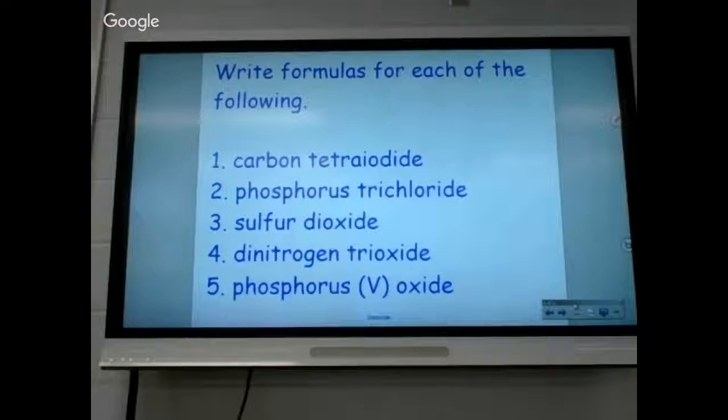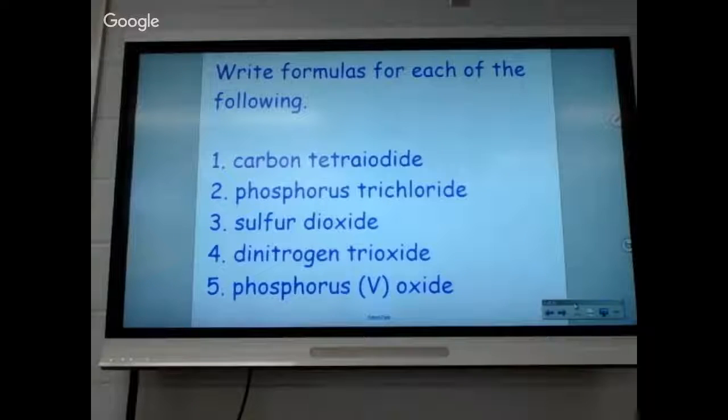Now, if you don't have those 5 done, they're part of your homework. If I check tomorrow, I'm looking for those 5 along with the homework sheet, numbers 2 through 12. Let me be clear about the homework. You have to name 2 through 12 in both systems.